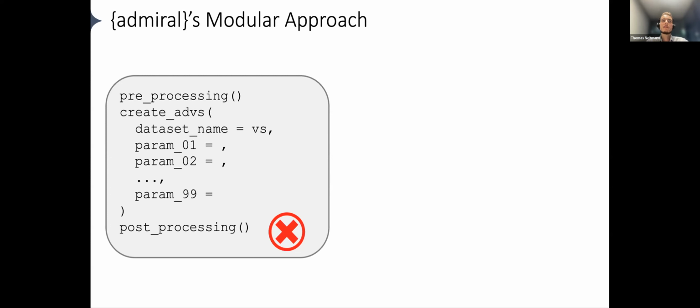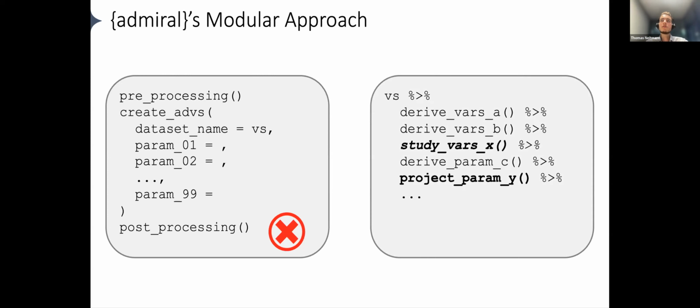And even though you add lots of parameters, as it's always the case, there do come up situations where you still need more flexibility. So people then tend to do things like pre and post processing and have to work their way around the tool. Instead, what we opted for with Admiral is to say, let's encapsulate each derivation within a single function and make it really atomic in a way.